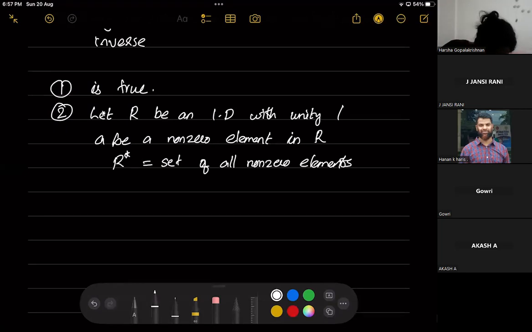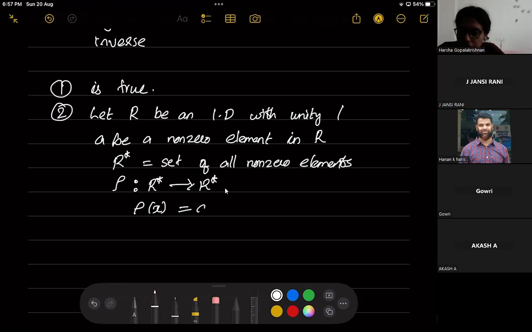I am defining a function rho from R star to R star such that rho(x) equals ax. Note that R is a finite integral domain, so R star is also finite, because R star means R minus the zero element.